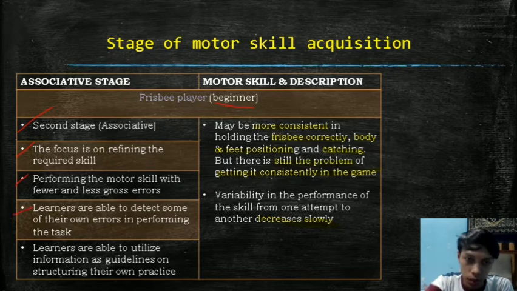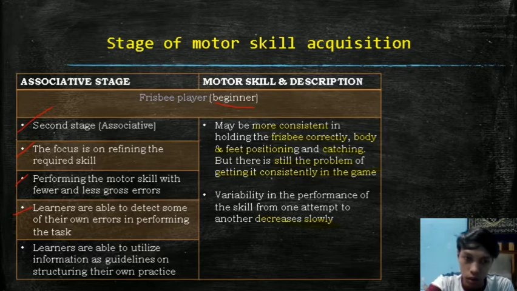So learners are able to detect some of their own errors in performing the task. So beginner ni dah tahu kat mana silapnya kalau dia buat mistake dalam game. So before this, during the first stage, they cannot detect the errors.